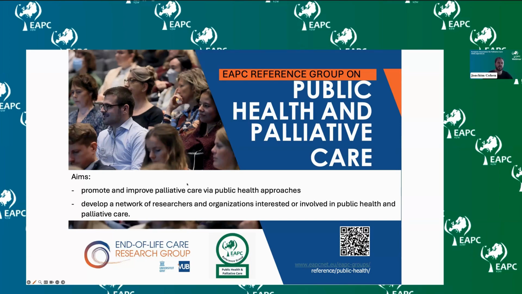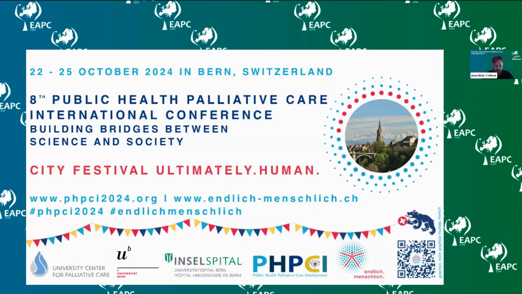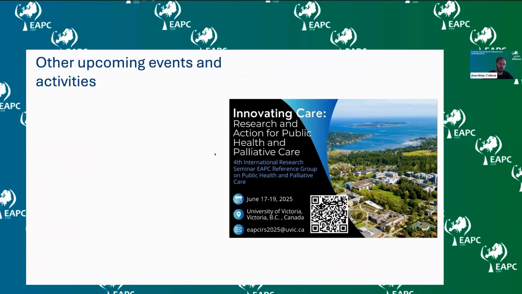We are organizing a series of activities, sometimes in collaboration with other organizations, such as the big activity taking place in 2 weeks from now, the Public Health Palliative Care International Conference in Bern, where educational settings, so today's focus, will be prominently featured. But we also organize a number of other activities.